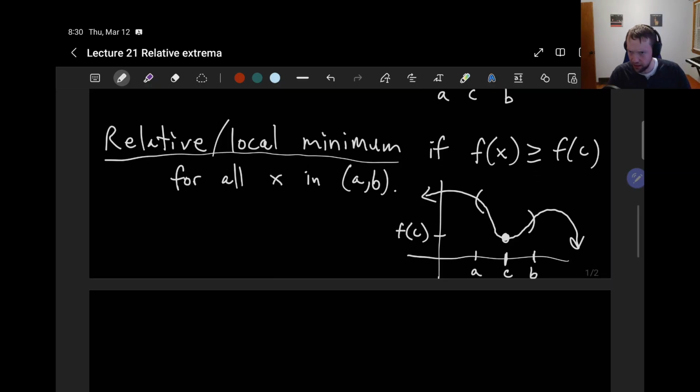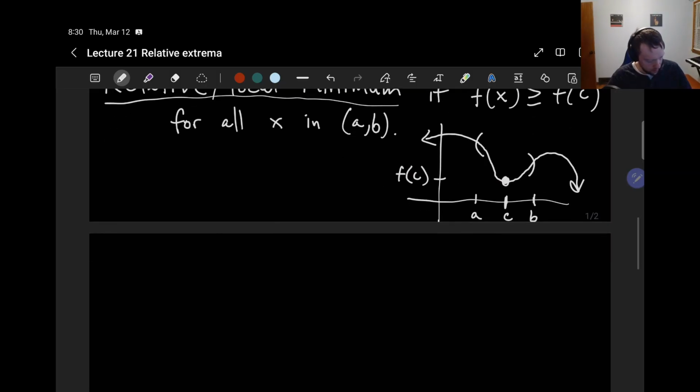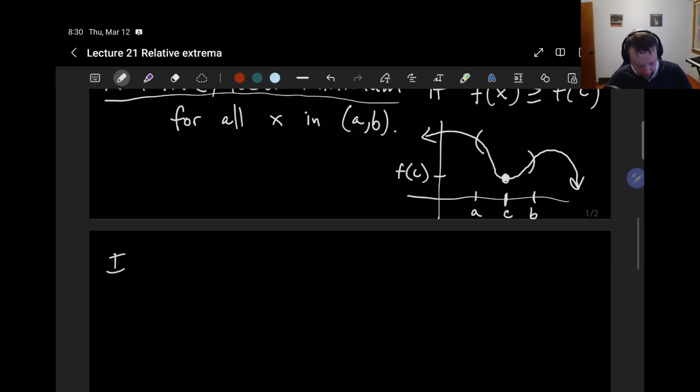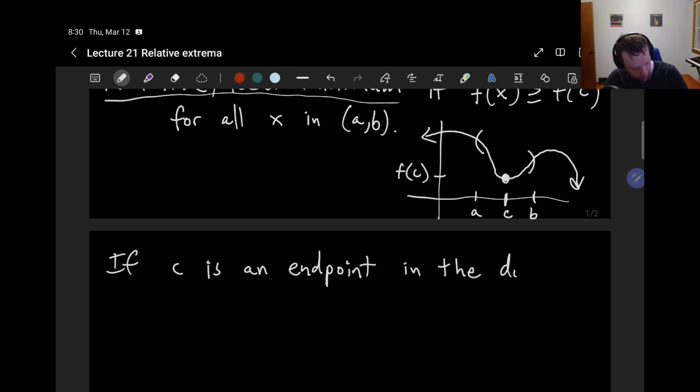Okay, now things get a little complicated if your domain gets suddenly cut off for your function. So if c is an endpoint in the domain of f, so think like a closed interval, and right at the end, your domain suddenly cuts off and you have this endpoint.